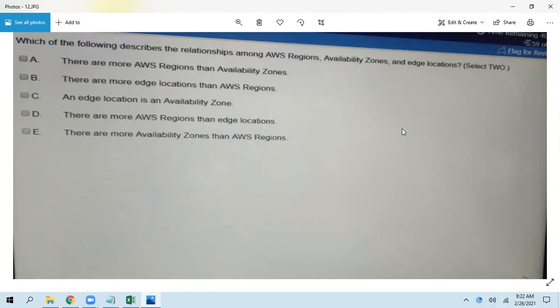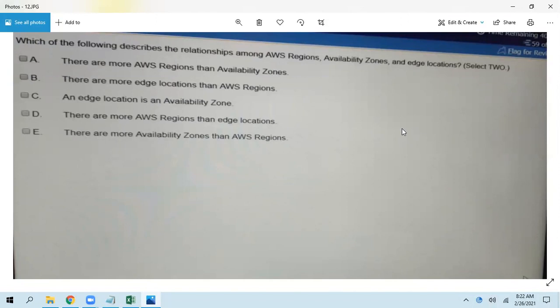See, we have 22 or 24 regions, 24 I believe, and 77 availability zones, 220 plus edge locations. You don't need to know the exact figures, but there are more availability zones than regions.